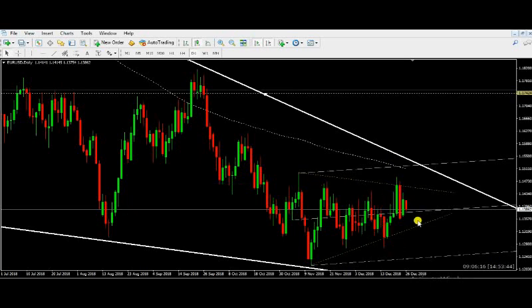So here we still have this area, and we're talking about the median zone affecting this trend line and the lower trend line. If this area is to hold, we're going to see that this will come to the upper band of the median line, therefore forming a trend. And the possibility is always there that this price could break and go to this area, which is where our take profit will be, or it will do the other thing.